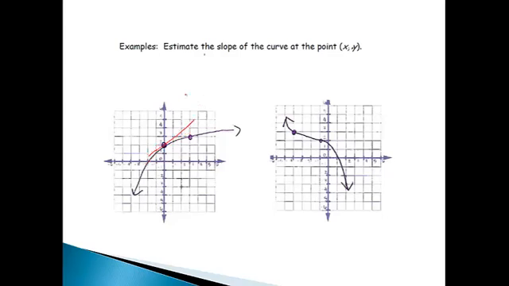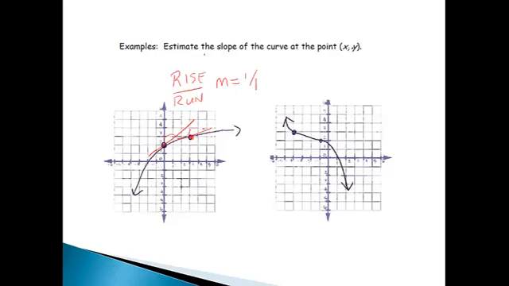And what's the slope of the line? Well, all I need to do is do my rise over run. And then I would say that my slope would be up 1 over 1. So my slope is 1 over 1. Okay, not a big deal. Obviously, if I say find the slope of the curve here, what I'm really saying is find the slope of the tangent line. So I could draw a tangent line here, and then my slope might be something different.